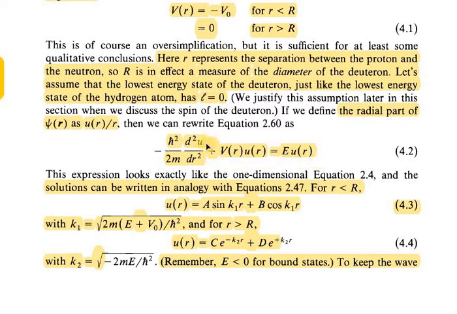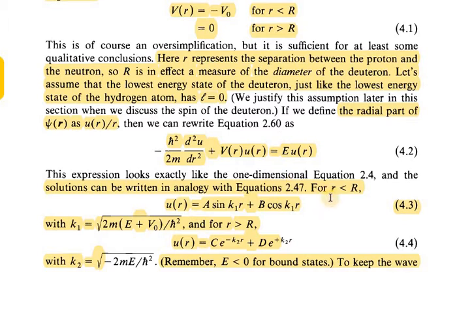This is H psi equal to E psi. This is the radial part of the Schrodinger equation. Then this is a second order differential equation. Then you know how to solve this second order differential equation. Just consider this as an assignment and solve this equation.